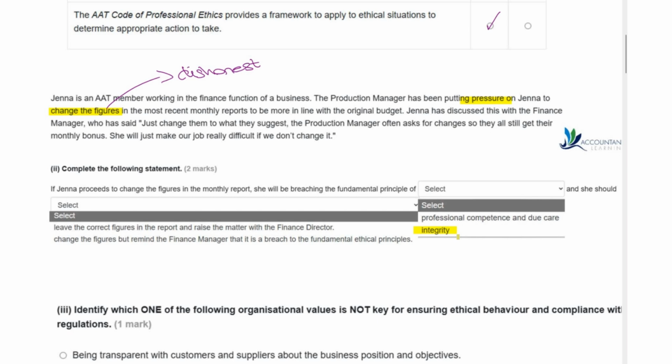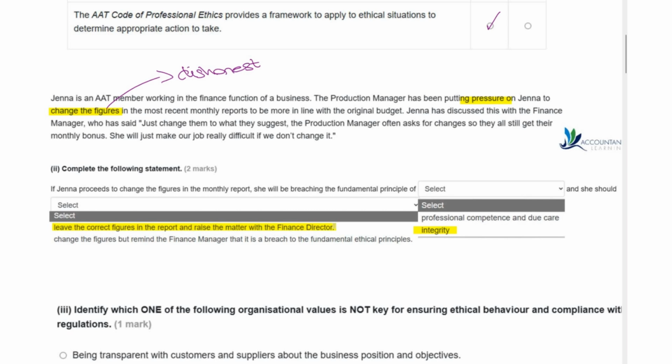The next part then is she should, and then we've got leave the correct figures in the report and raise the matter with the finance director, or change the figures but remind the finance manager that it is a breach to the fundamental ethical principles. So in a situation like this, we should still do the right thing. So we need to leave the correct figures in the report, and then we need to report it further up.